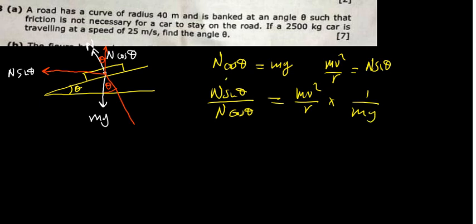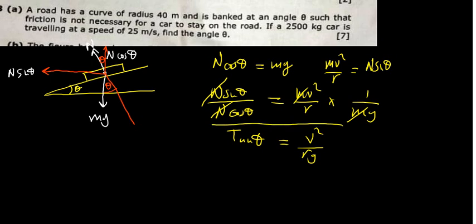So from here, the normal force cancels, the m also cancels. Sin over cos, that is going to give us tan. So tan theta is going to be equal to v squared over rg. So this is the formula that we can just get to know when we are working with road banking.